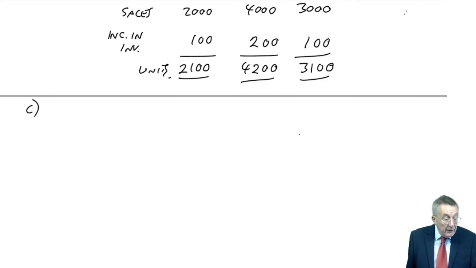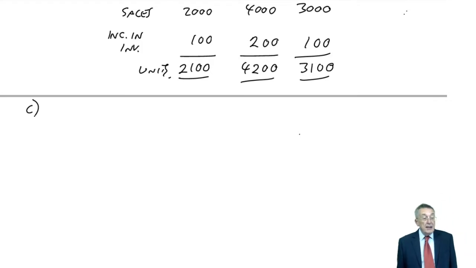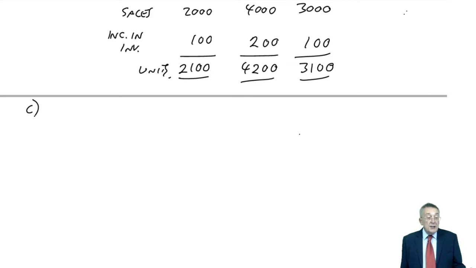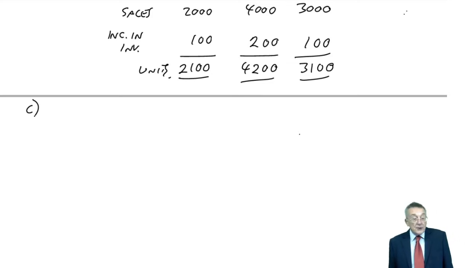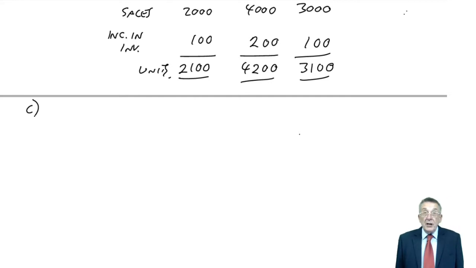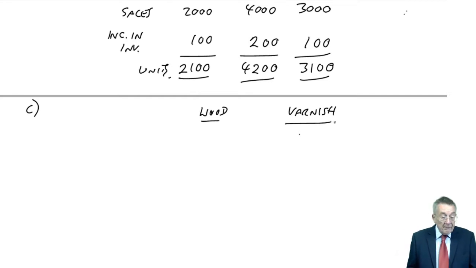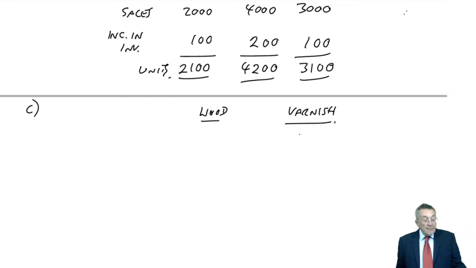And the materials, we've two materials, you can see the second little table in the question. Each product is using wood, and also it's using varnish. And so we need a budget for how much wood we're going to need and how much varnish we're going to need. I'll do them side by side, wood, varnish. How much are we going to need?